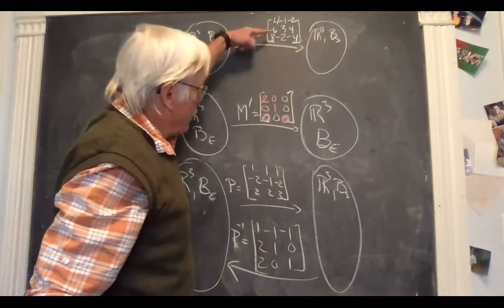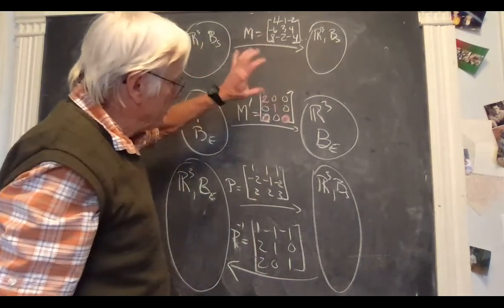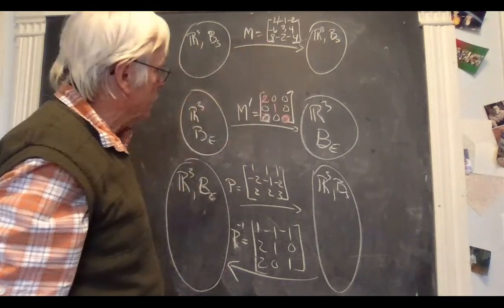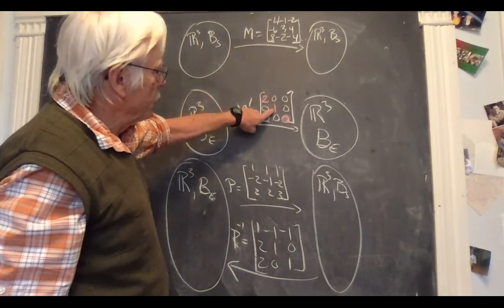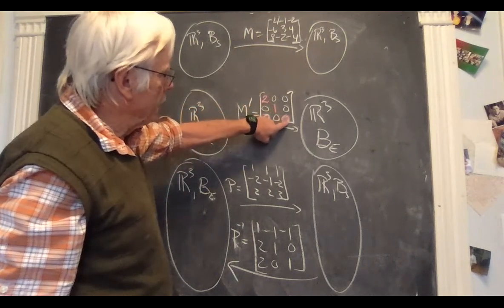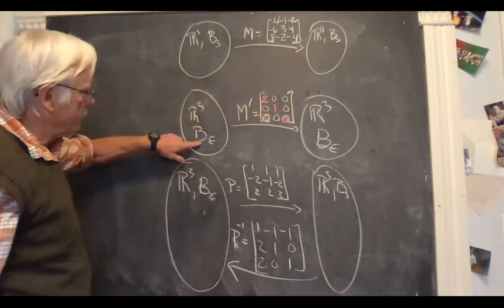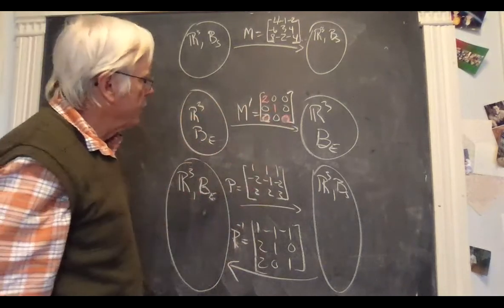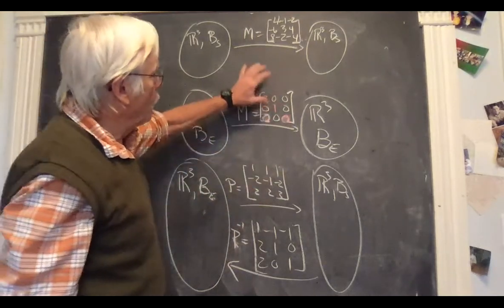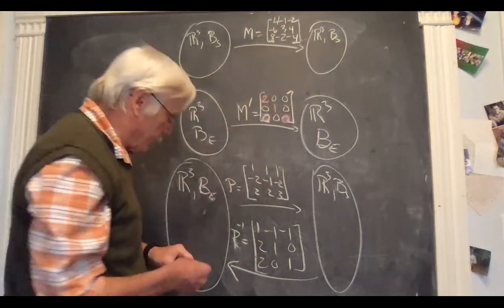This is the same transformation, different name. But this name, in this form, really tells you what it does. It doubles the first direction, leaves the second direction alone, and zeroes out the third direction. So as soon as you know what the eigenvector basis is, the columns of P, then you know this form. These are the same transformation, just according to different bases.